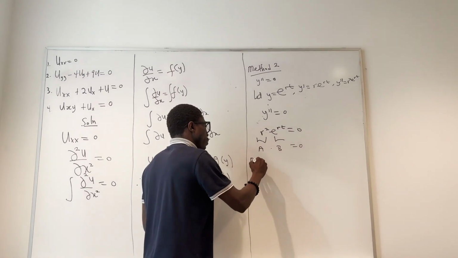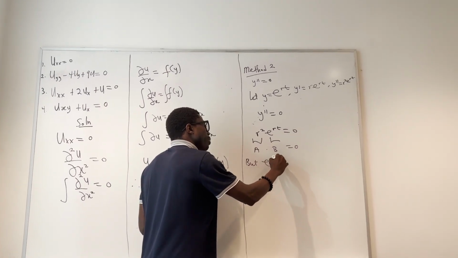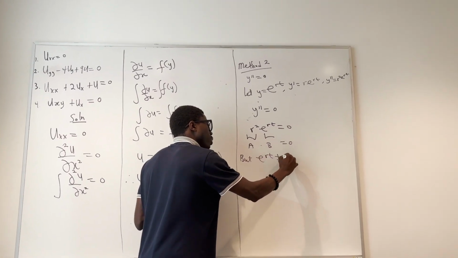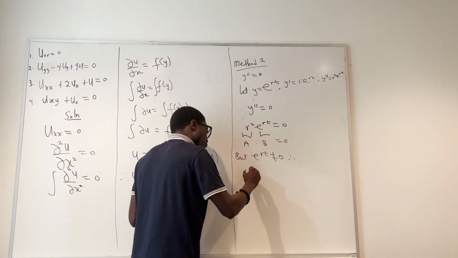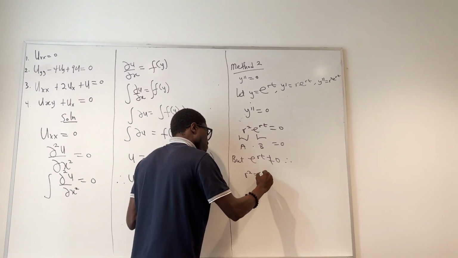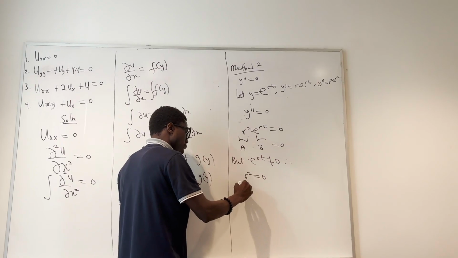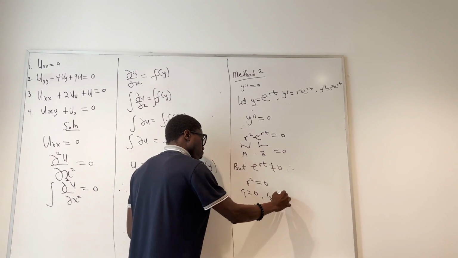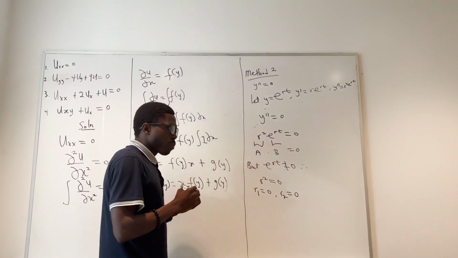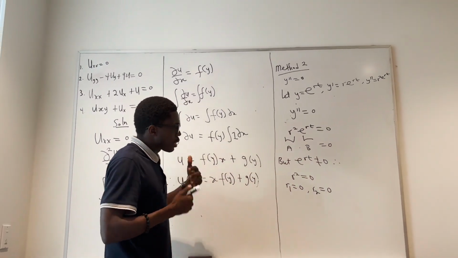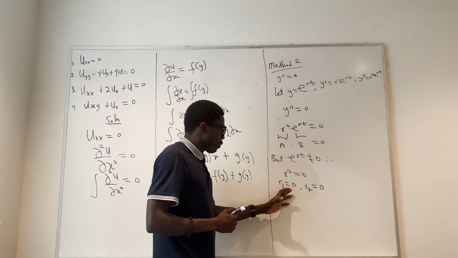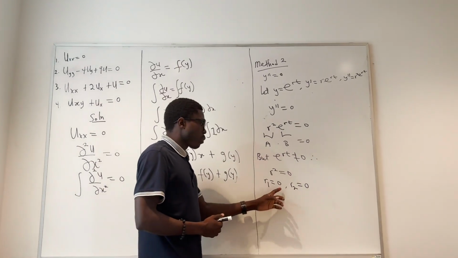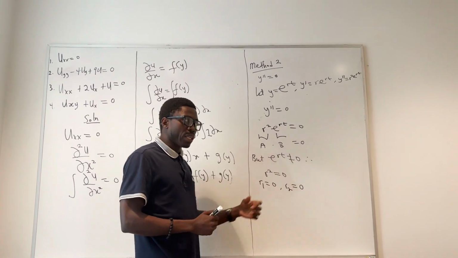But e to the power rt cannot be equal to 0. Therefore, our r squared should be equal to 0, which means that r1 is equal to 0, and then r2 is equal to 0. Recall from ordinary differential equation that this is giving us an idea of an ordinary differential equation with equal roots. And what do we learn about that?